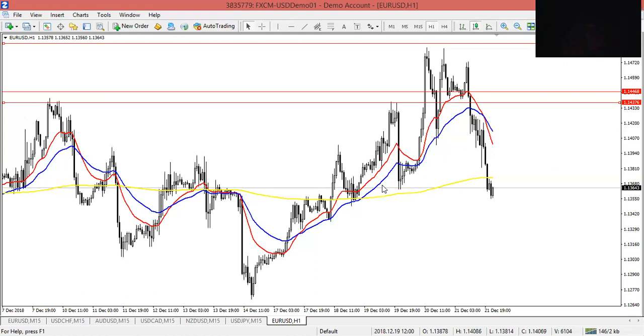So what we are going to do is harness the power of the time frames. The time frame we are on is 1 hour. So we can harness smaller time frames like 15 minutes or 30 minutes.